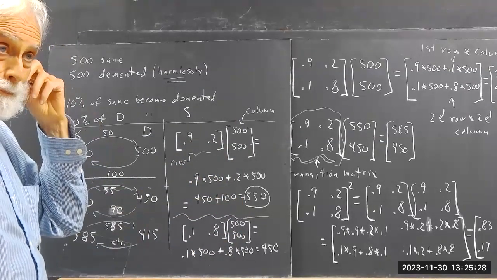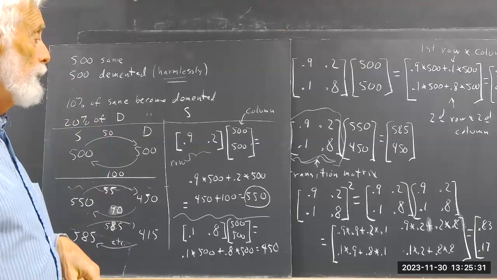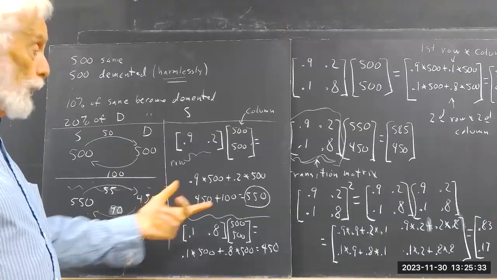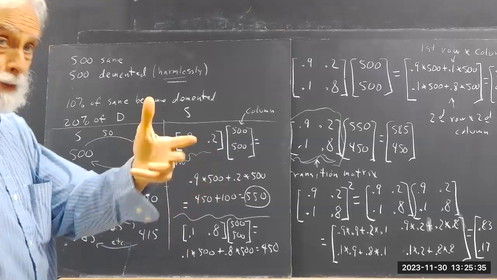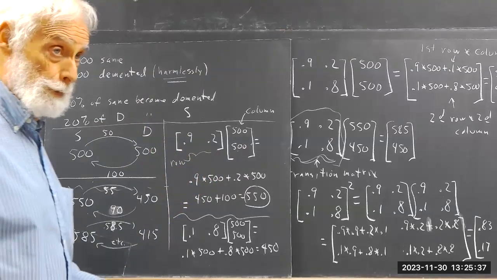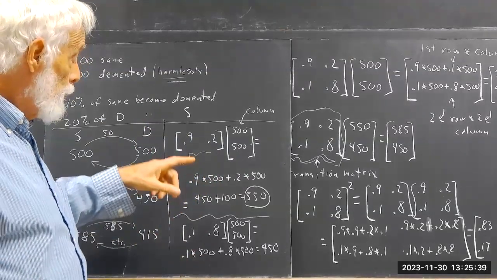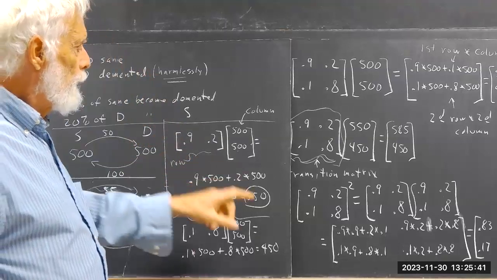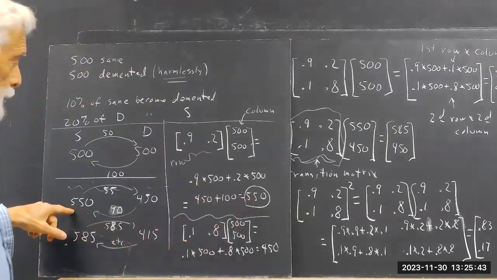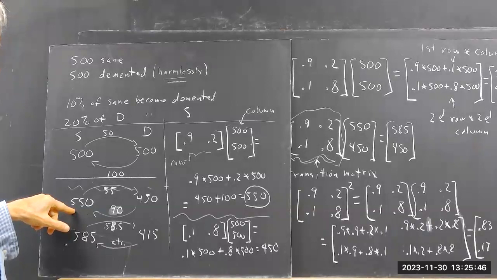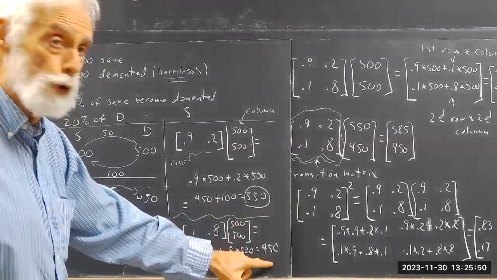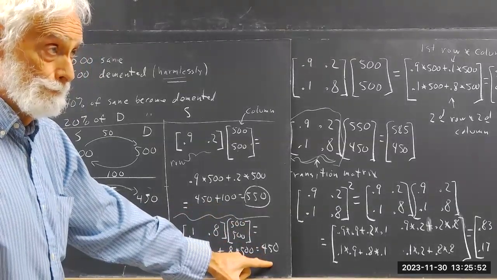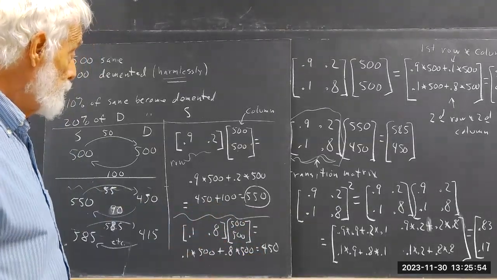Okay. There's an easy way to understand why we get 550. They didn't explain this in the MDE course. Well, first of all, the 550 matches this number, right? And then if we use these two numbers, we get our 450. Same pattern.